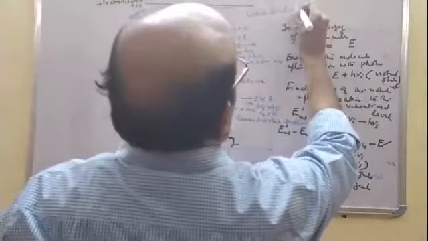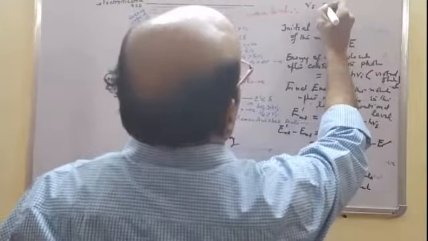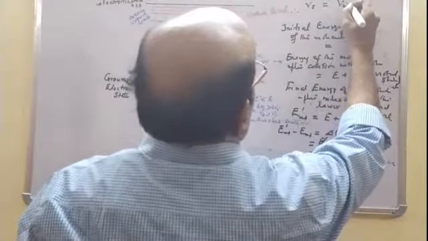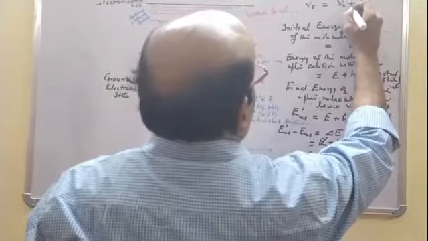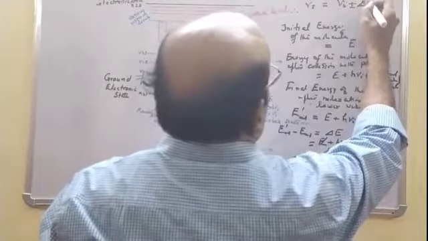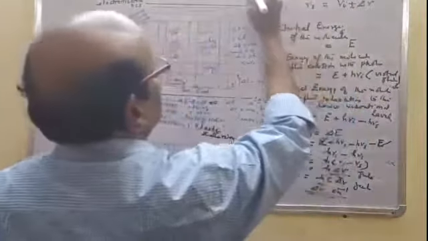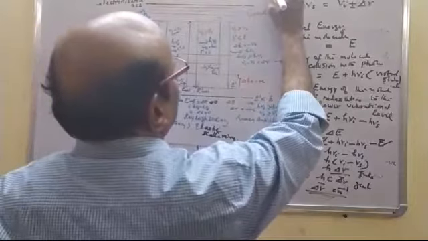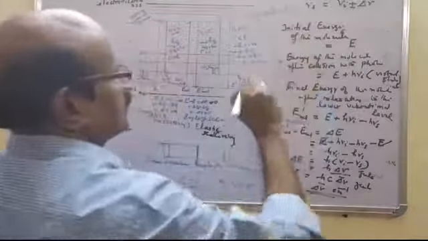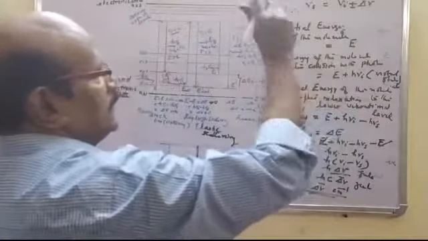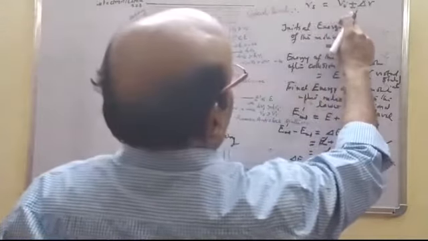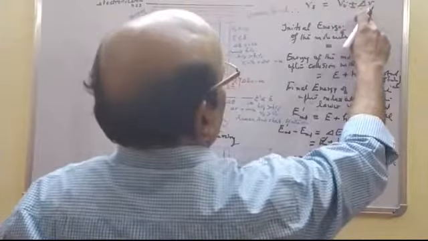Therefore, nu s is equal to nu I plus or minus delta nu. So we have delta nu bar is equal to nu bar I minus nu bar s in centimeter inverse. Therefore, nu bar s is nu bar I plus or minus delta nu bar.